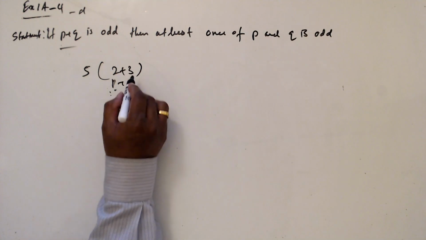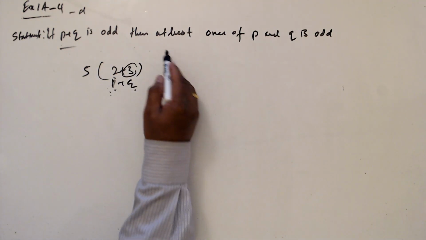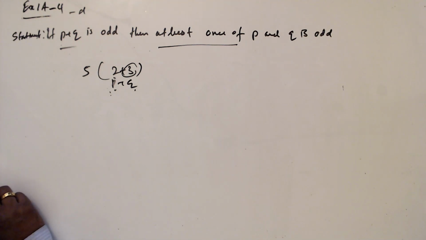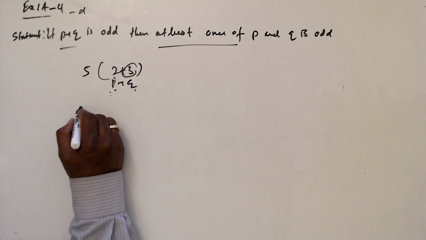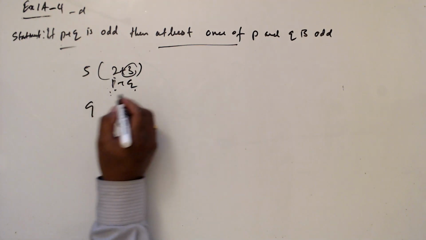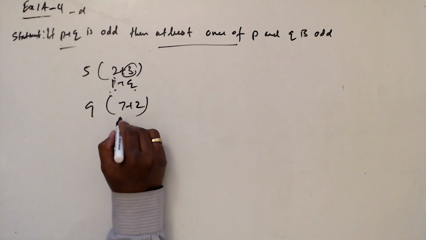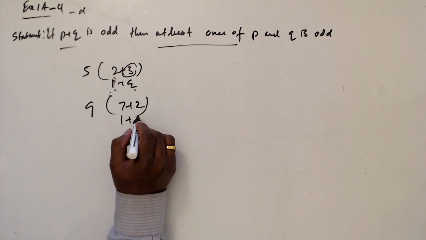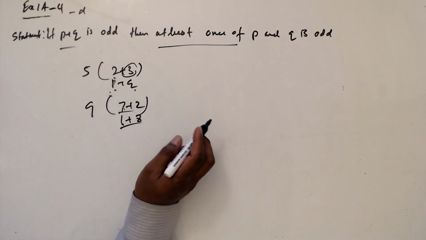So at least 1 is odd, 3 is odd, so at least 1 is odd. Or 9, 7 plus 2, 1 plus 8. At least 1 is odd in these combinations.